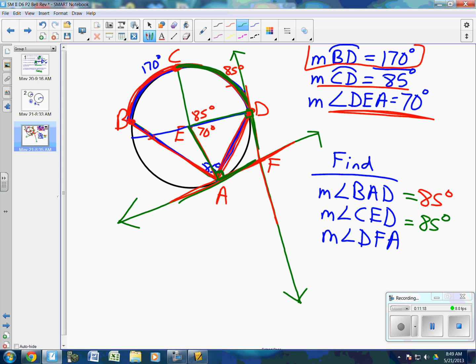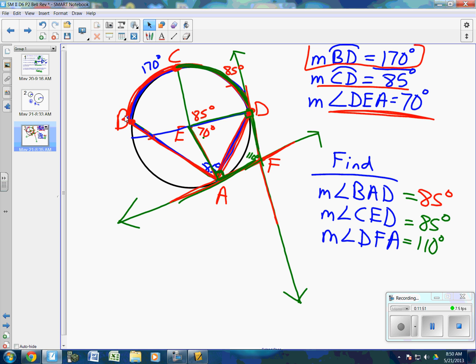So that makes the central angle and the circumscribed angle out here supplementary. So this has got to be 110, because 110 plus 70 makes 180. Any questions on that? A circumscribed angle and its central angle are supplementary. Any questions there? There will be a question like this on the test.